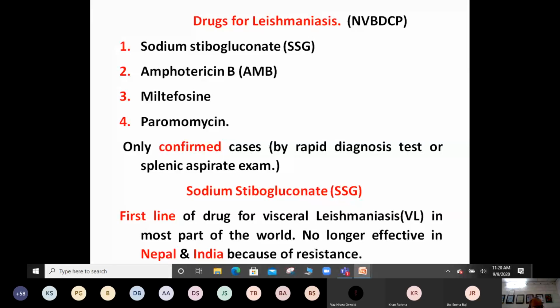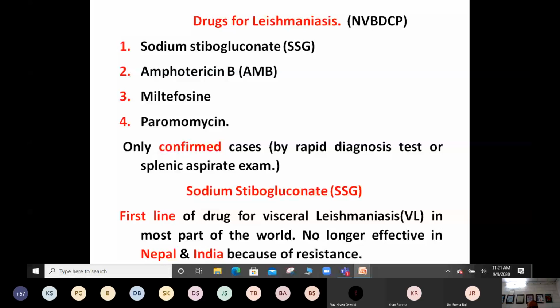Now this is endemic in tropical regions, India and Nepal too. And this Leishmaniasis will give rise to visceral Leishmaniasis, that is called Kala Azar, or cutaneous Leishmaniasis, or the sore. Now coming to the drugs for Leishmaniasis.